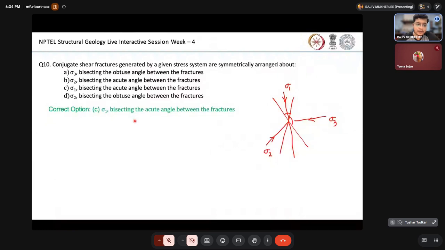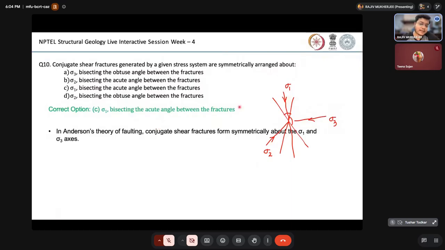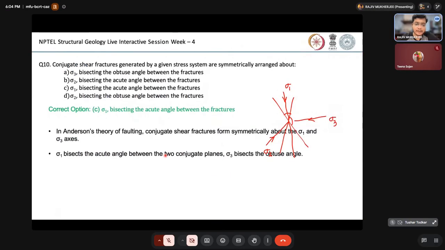So according to Anderson's theory of faulting, conjugate shear fractures form symmetrically about the sigma 1 and sigma 3 axis. Right? Sigma 1 bisects the acute angle between the two conjugate planes, and sigma 3 bisects the obtuse angle. And sigma 2 is parallel to the line of intersection of the two fracture planes.